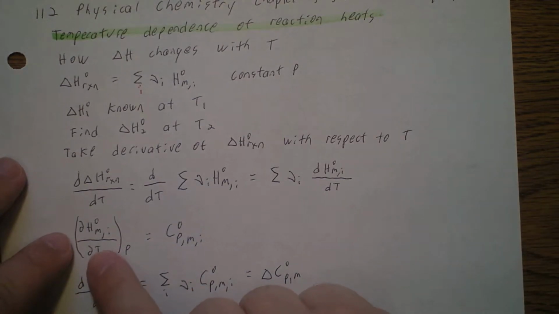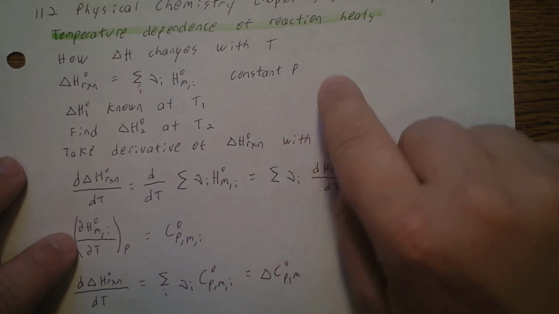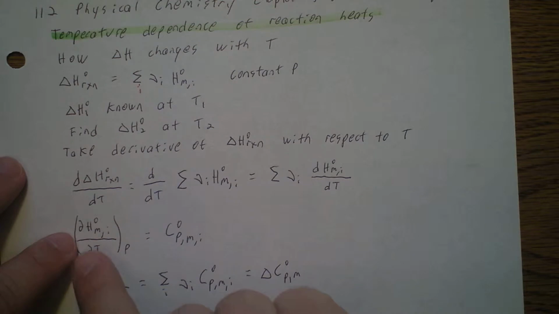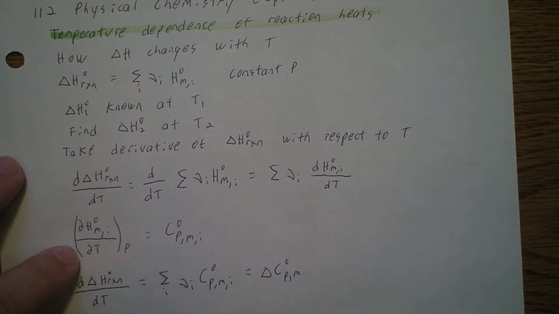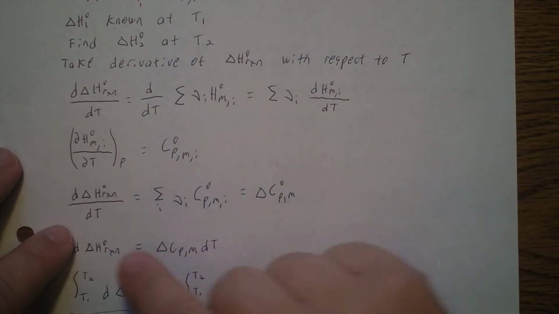So now we have the partial derivative of molar enthalpy, and we know it's at constant pressure, right? So these derivatives become partial derivatives. So we have the partial derivative of the molar enthalpy in the standard state of substance I with respect to temperature holding pressure constant. That's going to be the molar heat capacity of substance I at constant pressure in the standard state.